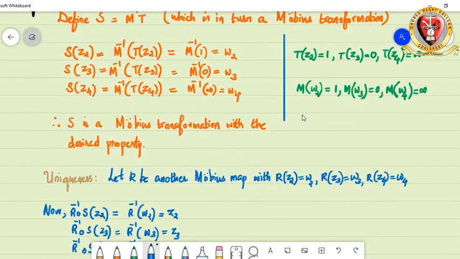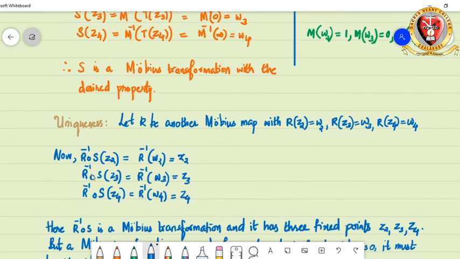Okay, so let R be another Mobius map with this property. That means set 2 is mapped to W2, set 3 is mapped to W3 and set 4 is mapped to W4 by this Mobius map R. Now consider R inverse composition S, and apply that map to set 2, set 3, set 4, right?